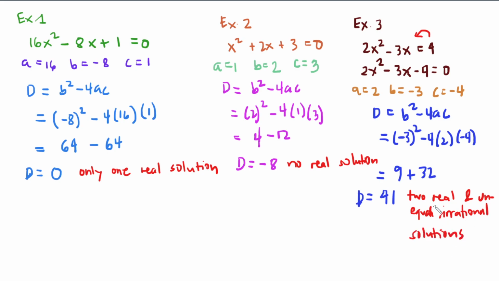So take note that I already emphasized here that we have irrational solutions. Why? Because the discriminant is not a perfect square. Okay, so that's it.